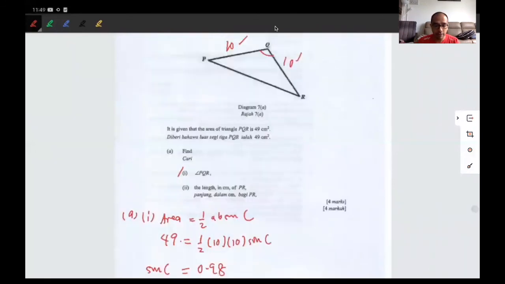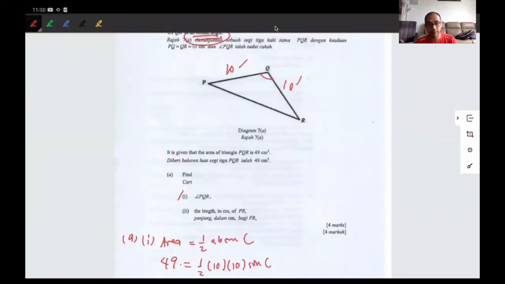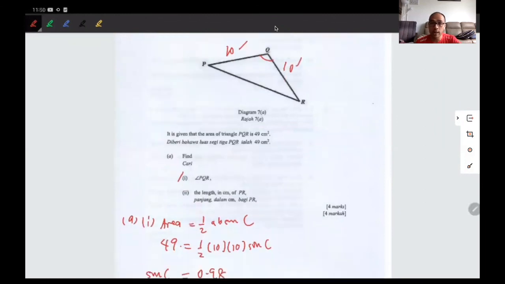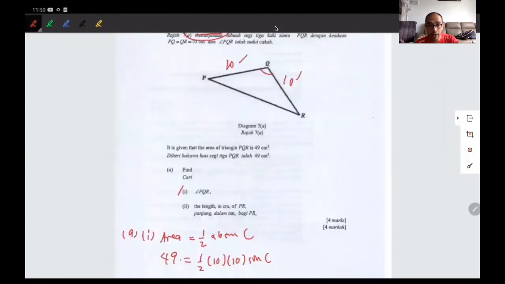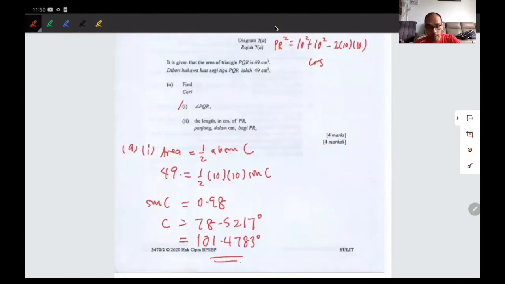So the length of PR, in cm, we can use cos rule for this. So this will be PR squared equals to 10 squared plus 10 squared minus 2 times 10 times 10 cos, and this is where our angle plays a very important role. 101.4783.